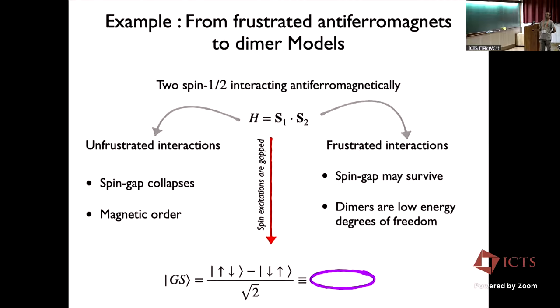When we take many such spins in an unfrustrated situation like a square lattice nearest neighbor Heisenberg magnet, these dimers don't survive as low energy degrees of freedom, and we get magnetic order. But when we have frustrated interactions, the dimers and the spin-full excitations, the spin gap may survive, and the dimers remain good low energy degrees of freedom.